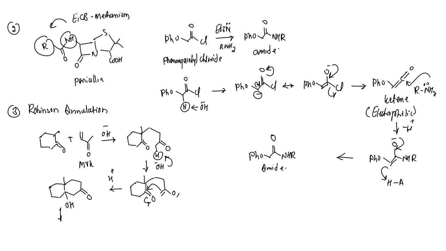When it is treated in a basic condition, again we get a product known as an alpha beta unsaturated ketone, and this reaction is known as Robinson annulation or ring formation, in which a 6-member ring is formed.